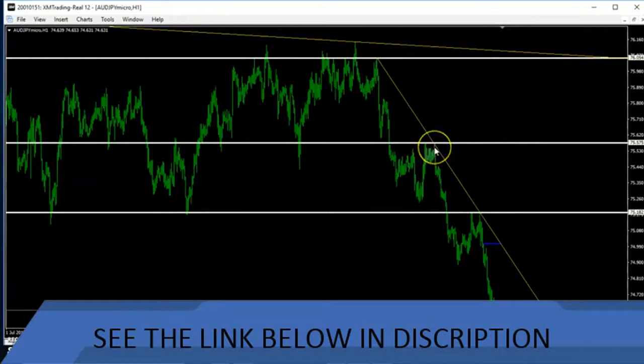Before this line was drawn here, we knew that price will break this trend line, come back to retest. Okay, then it will do another 100 pips drop between this line and this line.